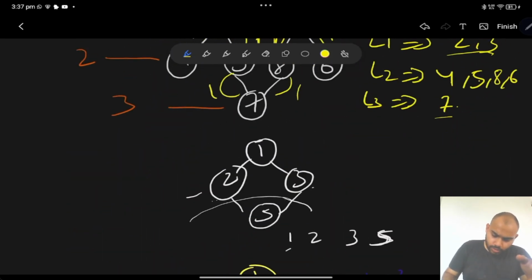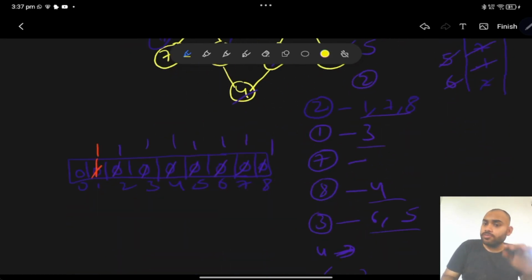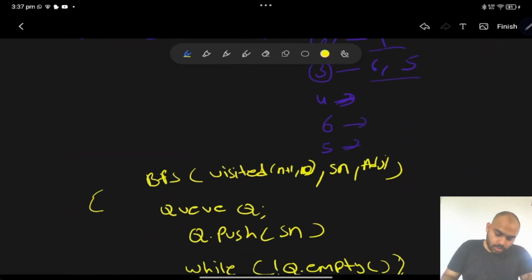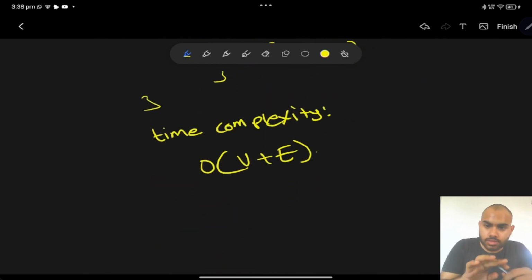Okay, let's say 1, 2, 3, 5. Each node is traversed only once, but then why v plus e? The reason is here. We are checking whether that node is visited or not visited, and it leads us to explore all the possible edges or connections of the currently selected node, and that leads us to the time complexity of order of v plus e. That's it. Thank you.